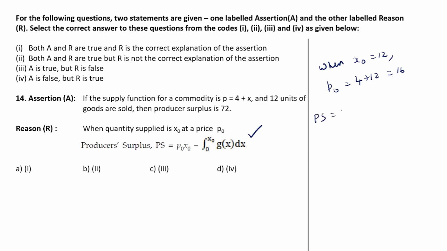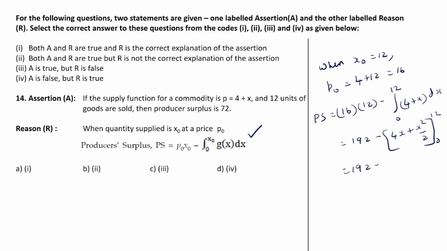So the producer surplus is given by P naught X naught, 16 into 12, minus integral 0 to X naught, which is 12, of the supply function, that is 4 plus X dx. So this is 192 minus 4x plus x square by 2 with the limits 0 to 12.